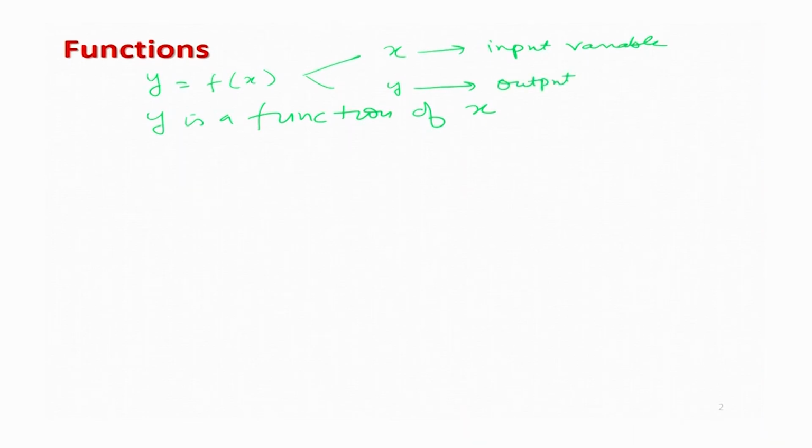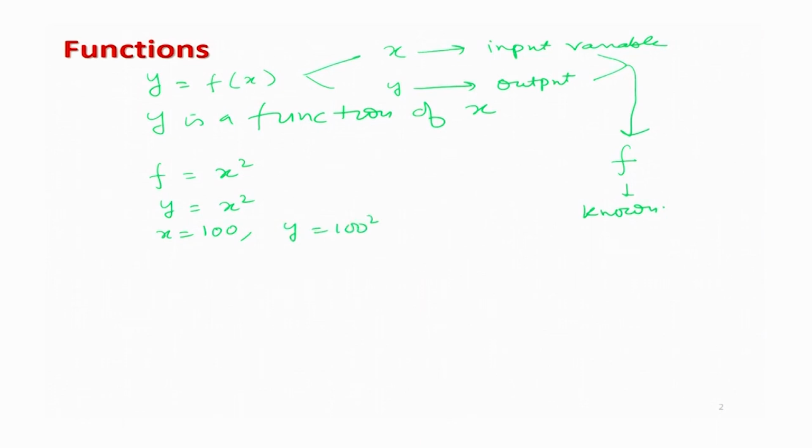How this input and output are controlled is by f, and this f is known to us, that is, what exactly we want to do. For example, if you write the function as x square, this means y is equal to x square. So whatever input value you give, say x equal to 100, then y is going to be 100 square, right.